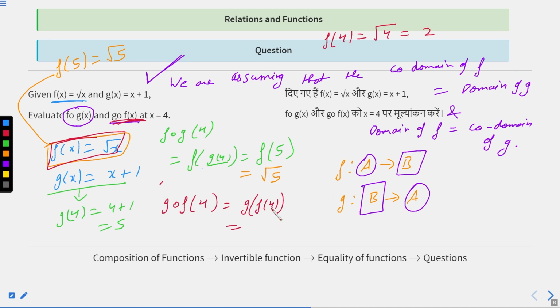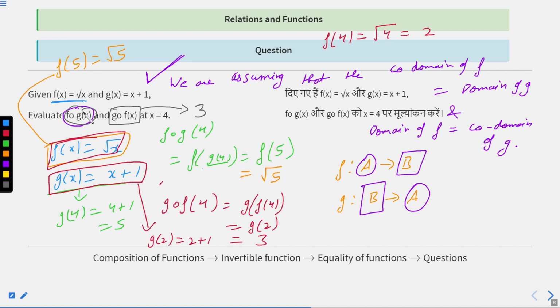So this means g of 2. Now g of 2 will be 2 plus 1, which is equal to 3. So for g of f at 4, your output will be 3, and for f of g your output will be root 5. I hope that it is very clear to you. Let's move to next.